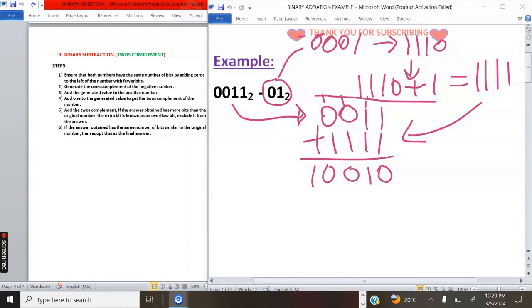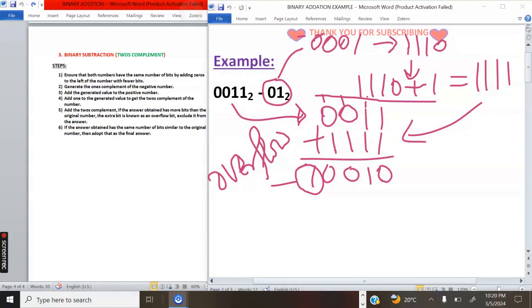Okay, having done that, rule number 5 says that if there's an extra bit, which is known as the overflow, this one, this is our overflow. So if you have an overflow, unlike the case of one's complement where we are supposed to add it, for the case of two's complement, you are supposed to exclude it.